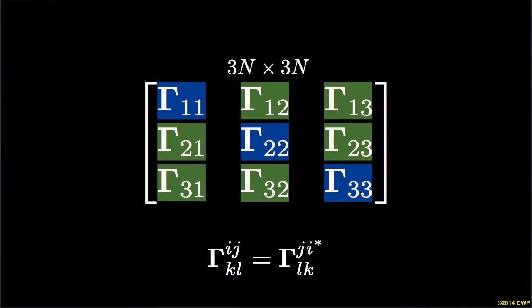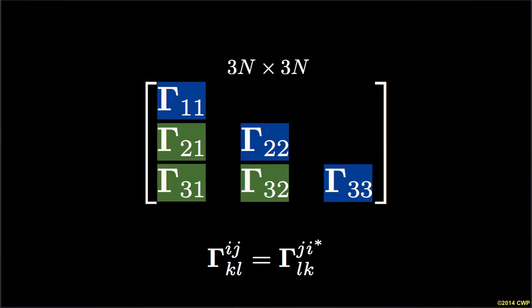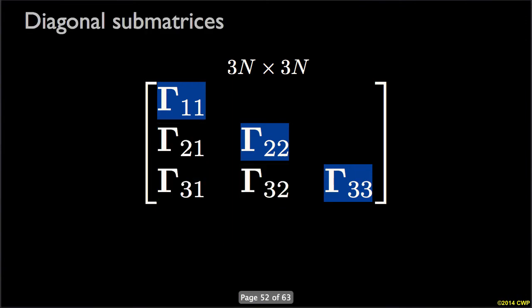So we are left with 6 submatrices, out of which the 3 diagonal submatrices are responsible for determining the relationship between the same component of different receivers.